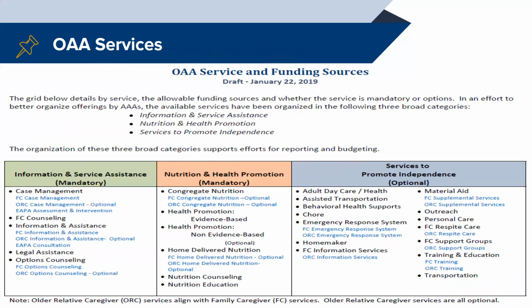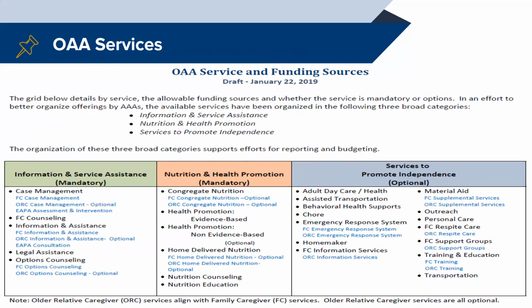This slide is a visual of the three broad categories that we just talked about and what services are included. As you can see underneath the different headings, information and service assistance are mandatory categories, and across the board, nutrition and health promotion is mandatory, and services to promote independence is optional.